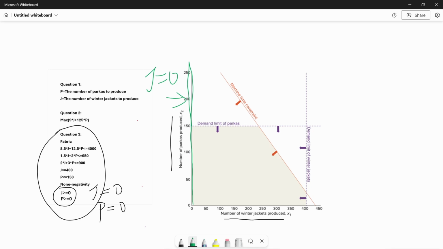Now we move on to the other line, which is here. This represents p equals 0, because the vertical axis is the number of parkers, so every value on this horizontal line is when p equals 0. Now I have finished identifying my non-negativity constraint.